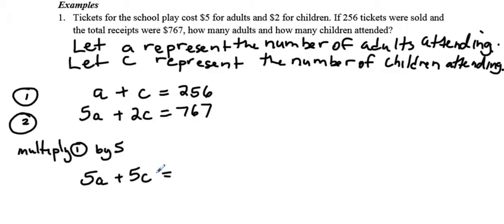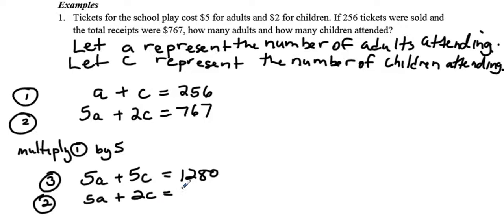I'm just grabbing my handy dandy phone here. So 5 times 256 is 1,280. And then we'll call this 3 now. We still have 2. We didn't change it, so I'm just going to rewrite it underneath.